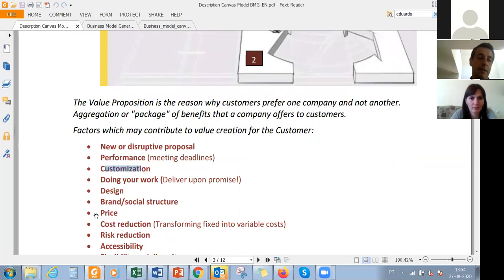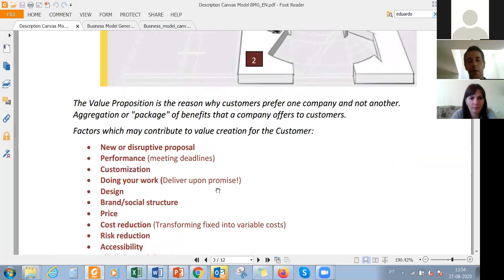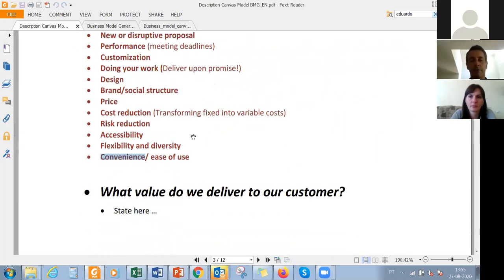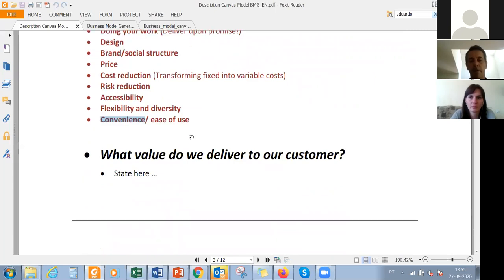Let's say the price could be a good component of a value proposition, but of course others like design, the design of the product, or the ease of use, or the convenience, very used in food products or in food businesses. It's very convenient for use. So different examples of how to differentiate value propositions.